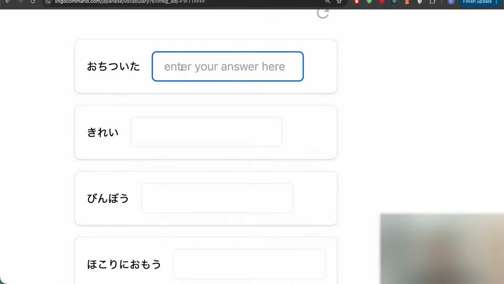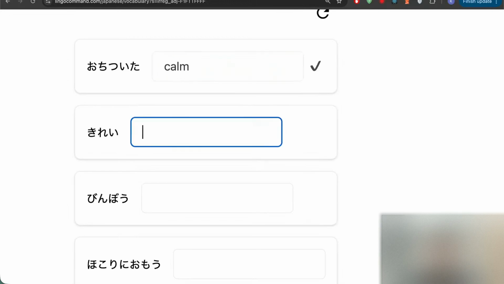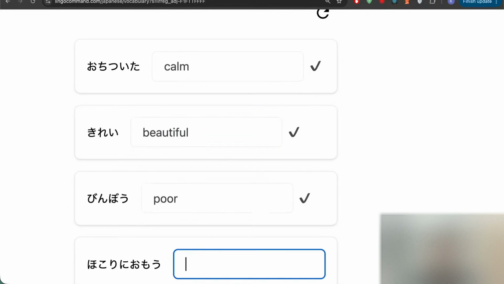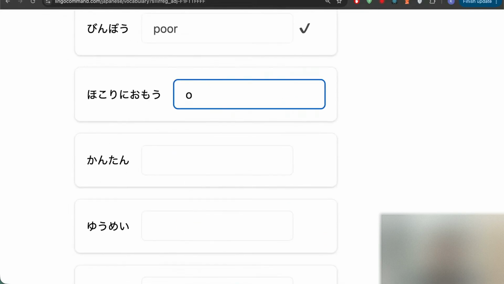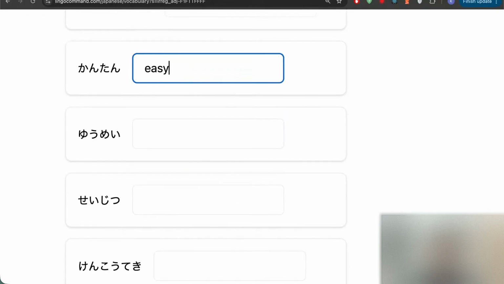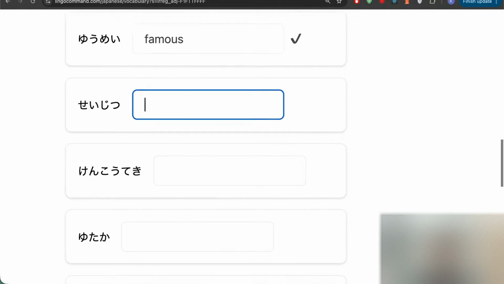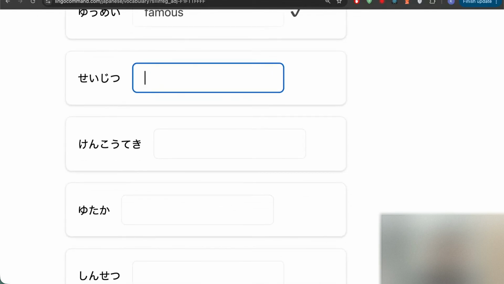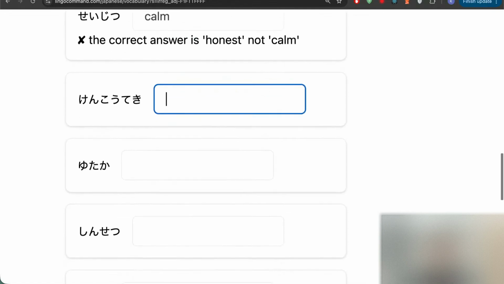Ochitsuita was it calm? Kire was not clean, it's actually beautiful. Bimbo is poor. Hokori ni omou is proud. Kantan is easy. Yume is famous. Seijutsu is, is that calm? Oh, it's honest. Kenkou teki.